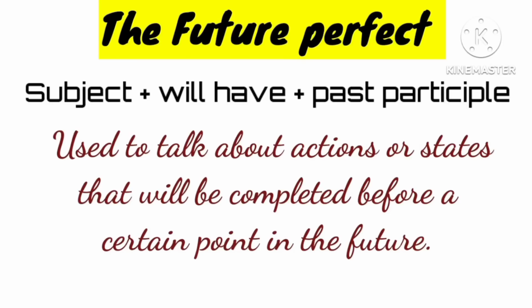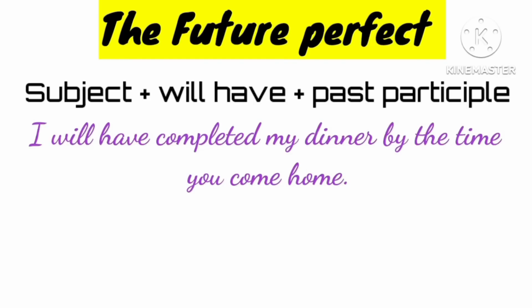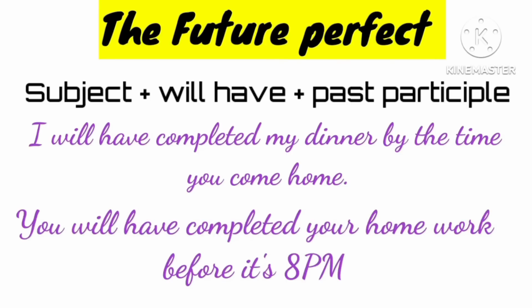We are going to mention that point of time. Okay, let us see some examples. I will have completed my dinner by the time you come home. You will have completed your homework before it's 8 p.m. We often use time clauses with future perfect tense, like by or when I am older.